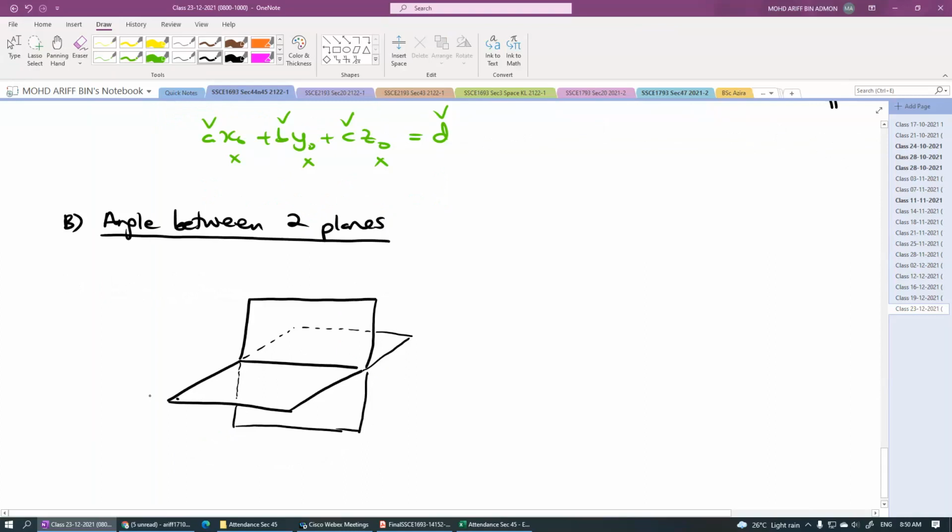This is your first plane. This is your second plane. A simple example is your wall and also your ceiling, or your wall and another wall here, or your wall with your floor. That's a simple example that you can imagine. You are having two planes.